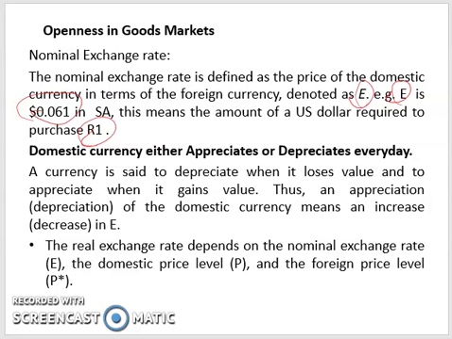So domestic currencies either appreciate or depreciate every day. A currency is said to depreciate when it loses value, and to appreciate when it gains value. Therefore, an appreciation of a domestic currency means an increase in the E. So the real exchange rate depends on the nominal exchange rate, which is the E, the domestic price of goods and services, and the foreign price of goods and services.